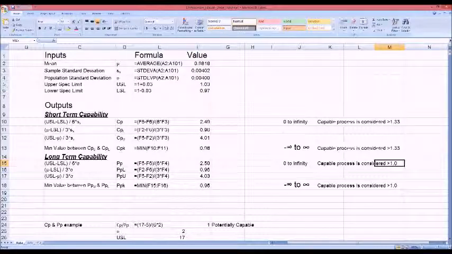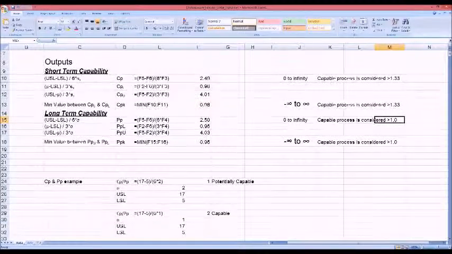It depends on what type of product you're making and how critical the dimensions are. But for the purposes of this class, we'll go with 1.33 for CP and CPK and 1 for PP and PPK.